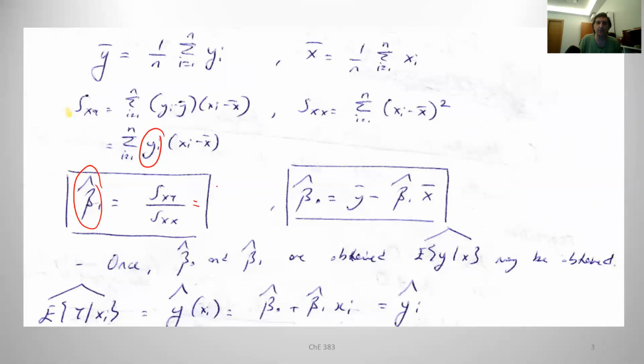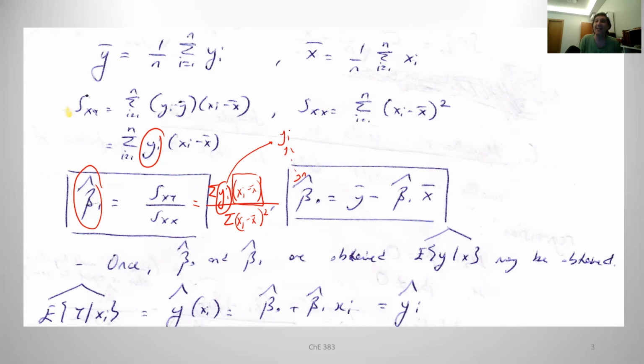I write here: yi times xi minus x bar. Note that these are fixed values by the experimenter, so the random variable here is yi. This is divided by the sum of xi minus x bar squared, again fixed values. Therefore, this is just a linear combination of y1 to yn.